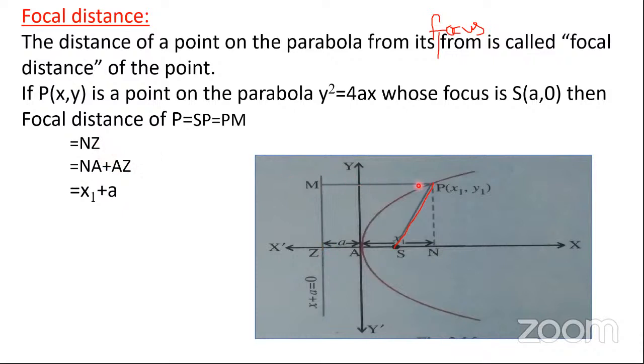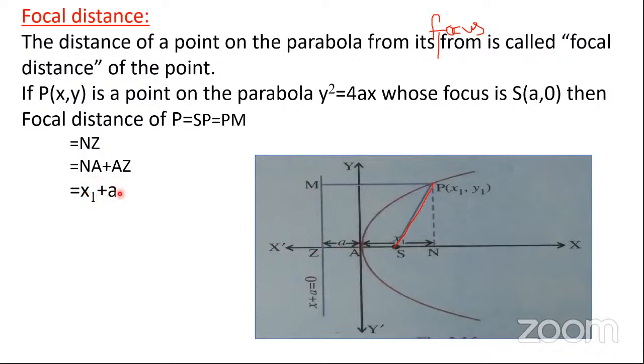We are transforming the unknown distance to a known distance on the x-axis. NZ can be split into the sum of two known distances. That is, NZ is equal to NA plus AZ. What is NA, children? x1.